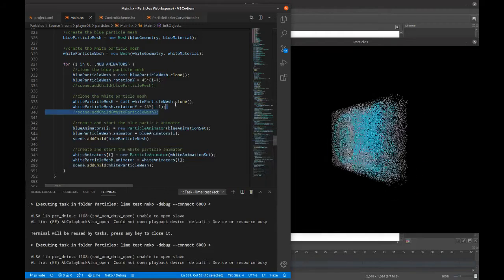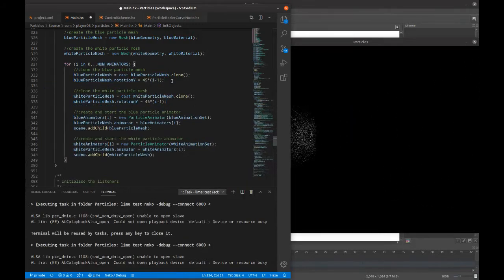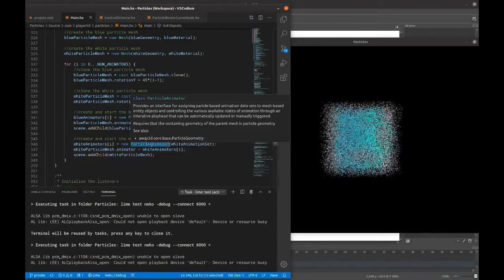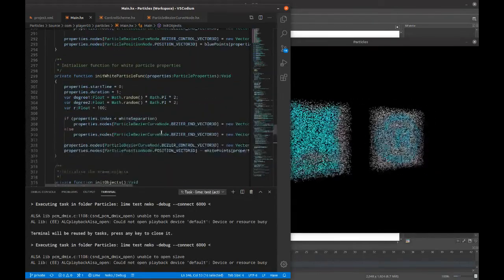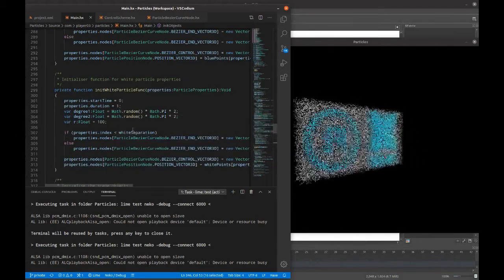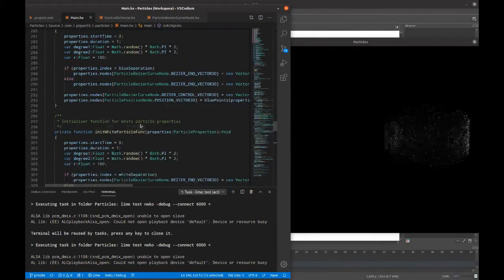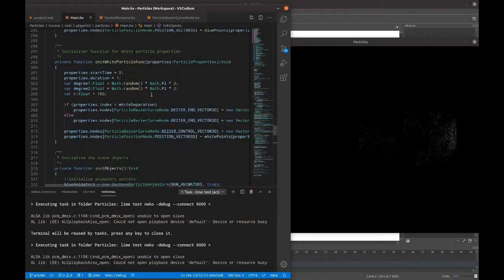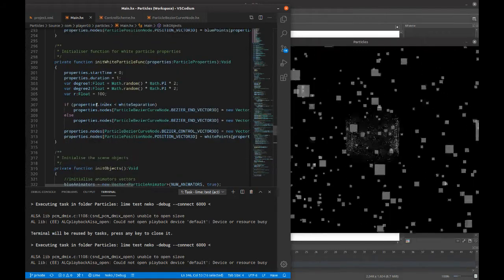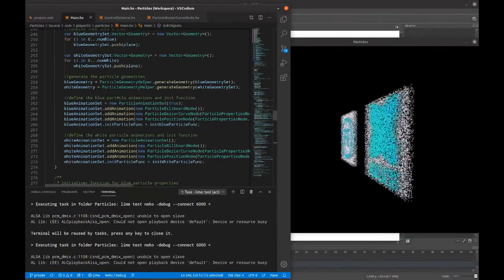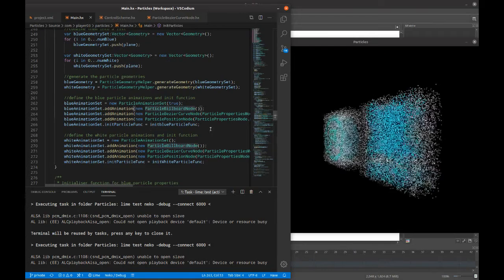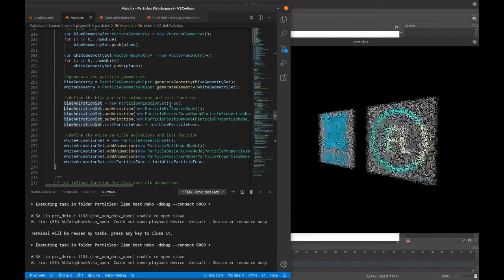They have the same rotation. Use the same thing. I copy-pasted this code, it's all the same. Except for... Oh!